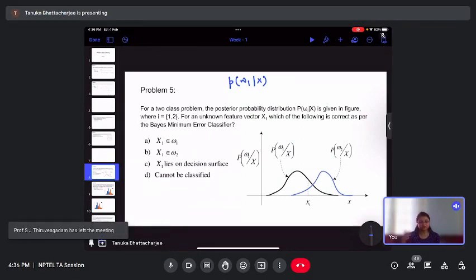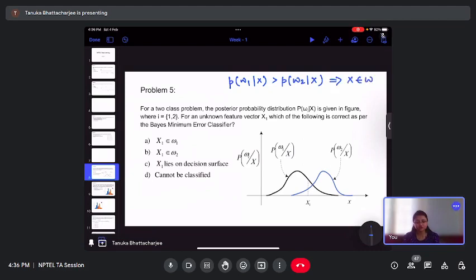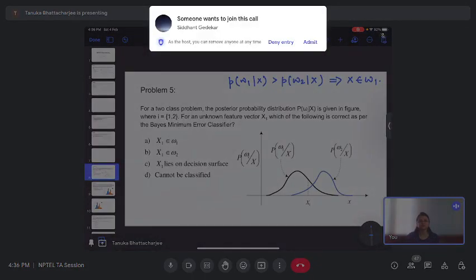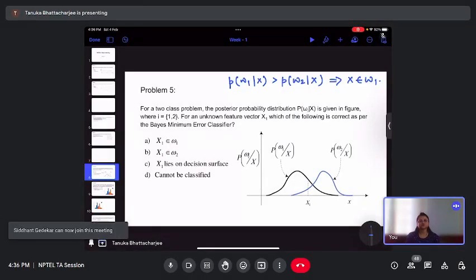So, according to the Bayes minimum error classifier, if the a posteriori probability of class omega 1 is greater than the a posteriori probability of class omega 2, then you assign the feature vector to class omega 1. Whichever class has higher a posteriori probability, you assign your feature vector to that particular class.